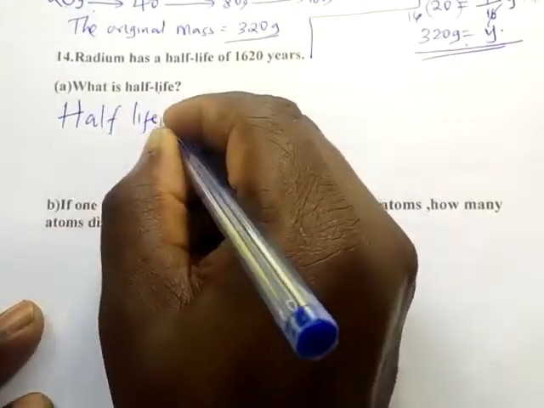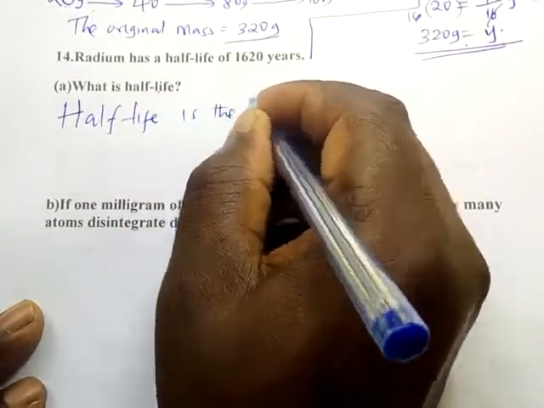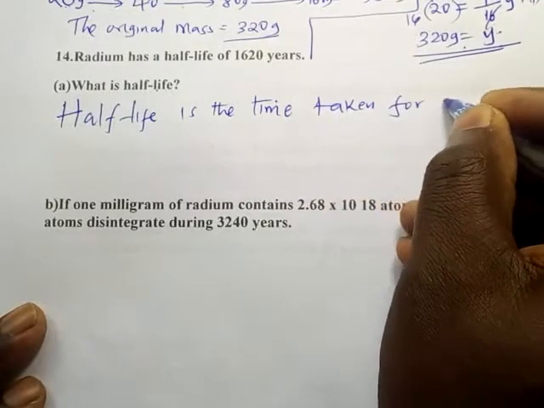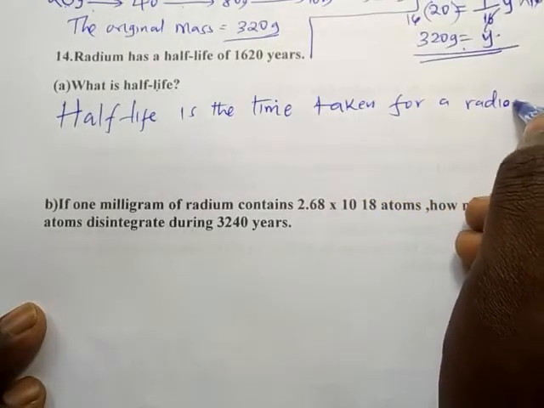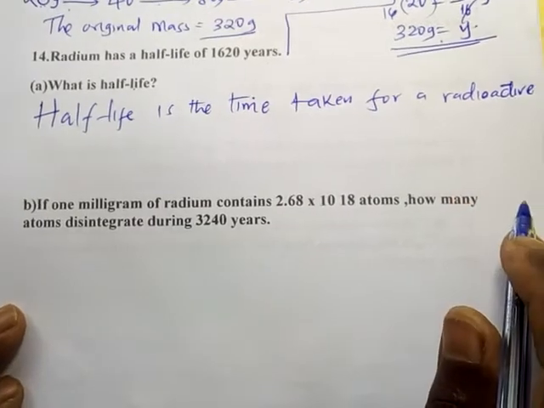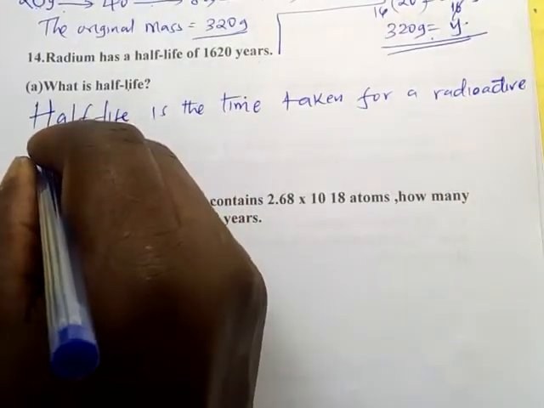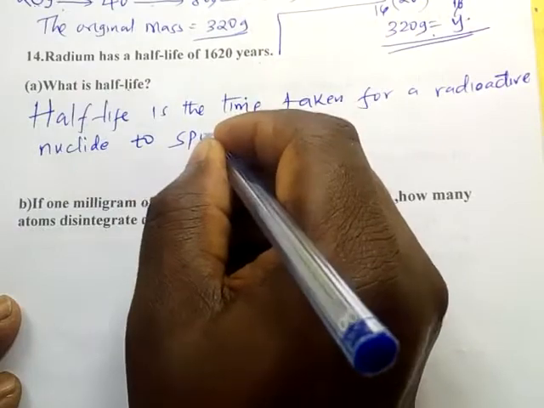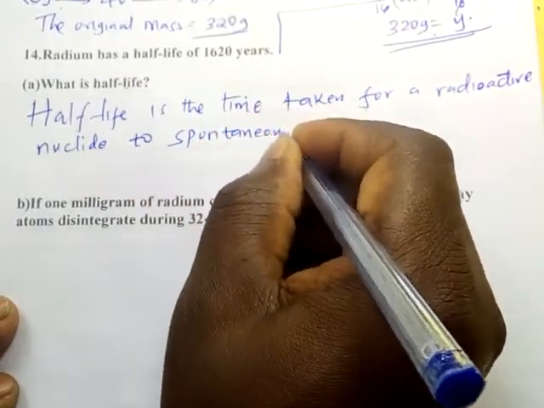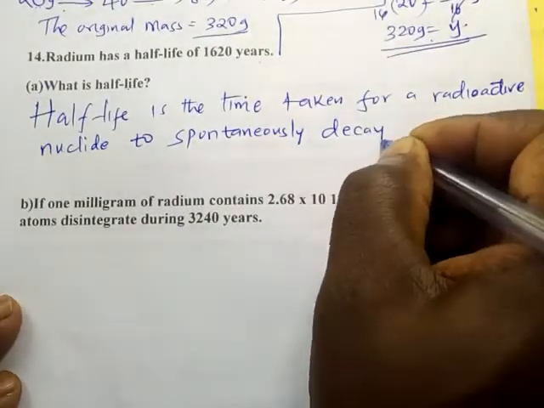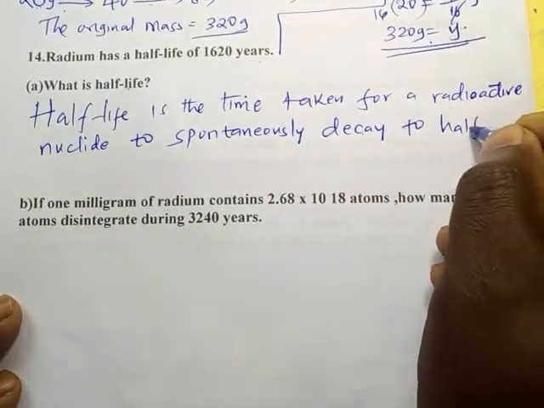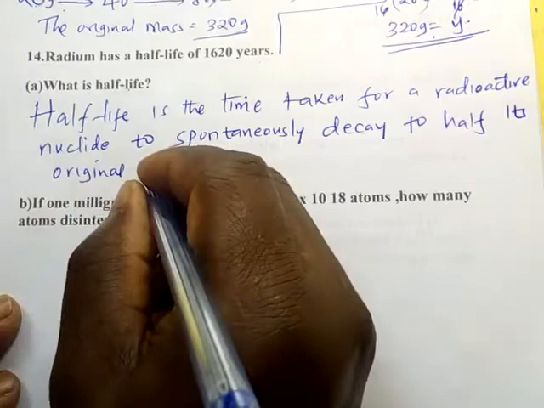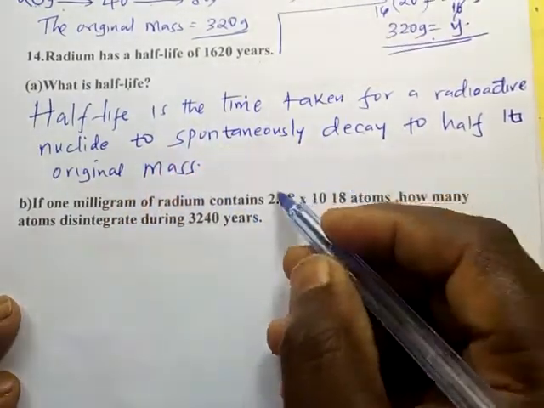A half-life is the time taken for a radioactive isotope or a nuclide to spontaneously decay or disintegrate to a half of its original or initial mass.